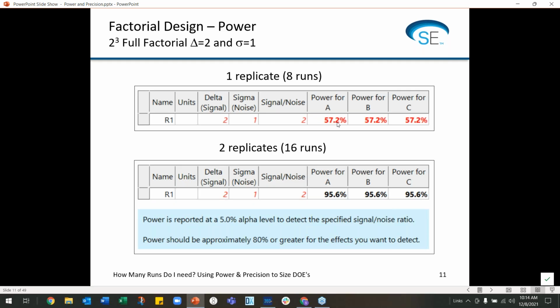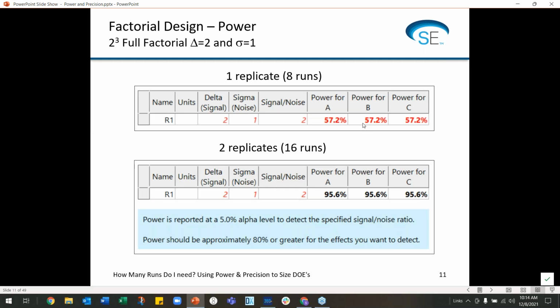So the software would show 57% for this 3-factor design. And what that is telling you is that if you run this 8-run design and you have a factor that changes the response by 2 times more than the noise, your ability to identify that factor will be just over 50%. So maybe you will, maybe you won't.